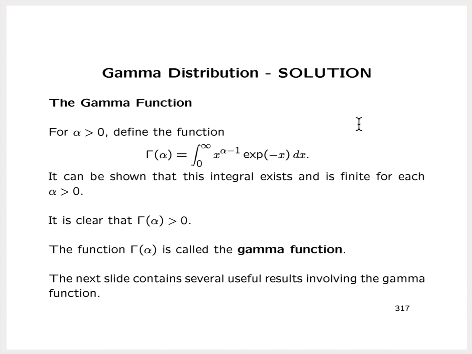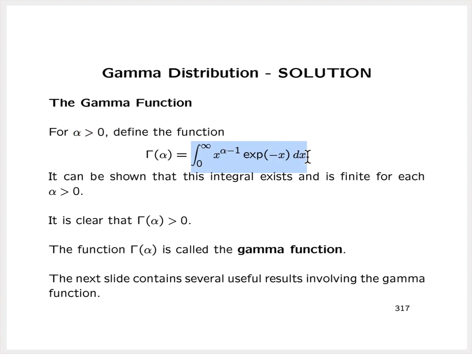Now, to start out, we're going to take a look at the gamma function, which is the function in the denominator of the gamma PDF. So for alpha greater than 0, for positive alpha, define the following function, denoted with an uppercase Greek letter gamma for the function symbol, and then the argument, which we're denoting by alpha, which again can take on any positive real number.